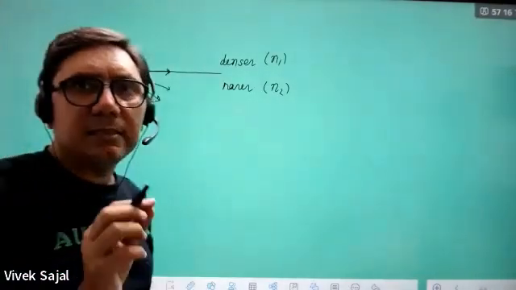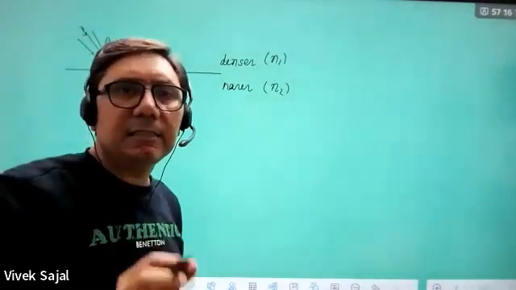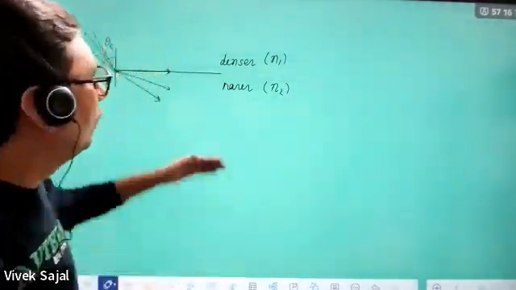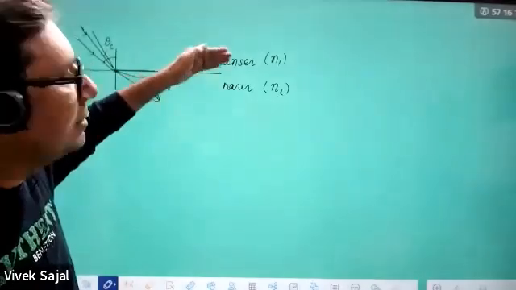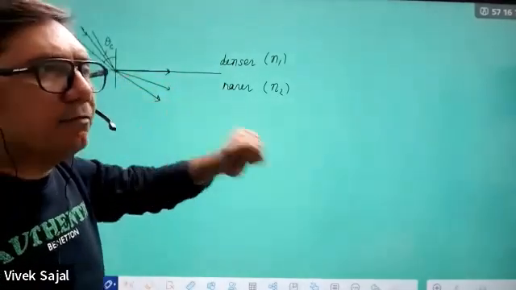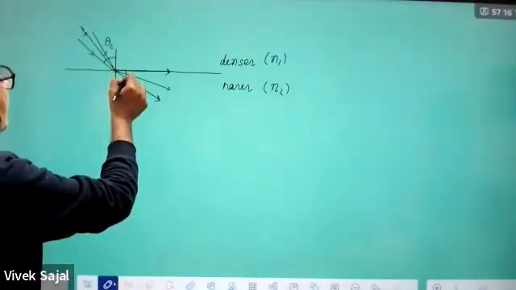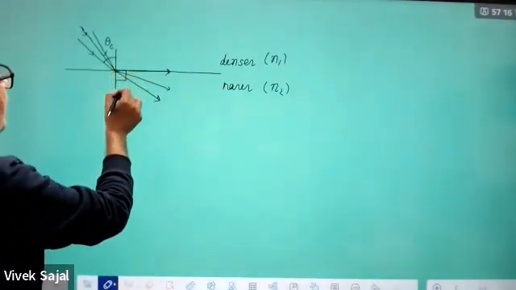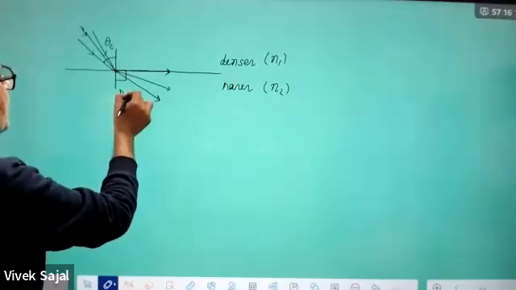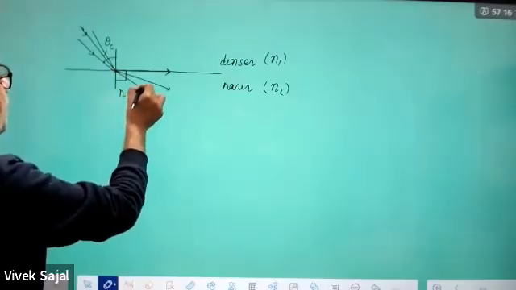Try to understand, theta c is the incident angle for the light moving from denser to rarer medium, at which the angle of refraction becomes 90 degrees.